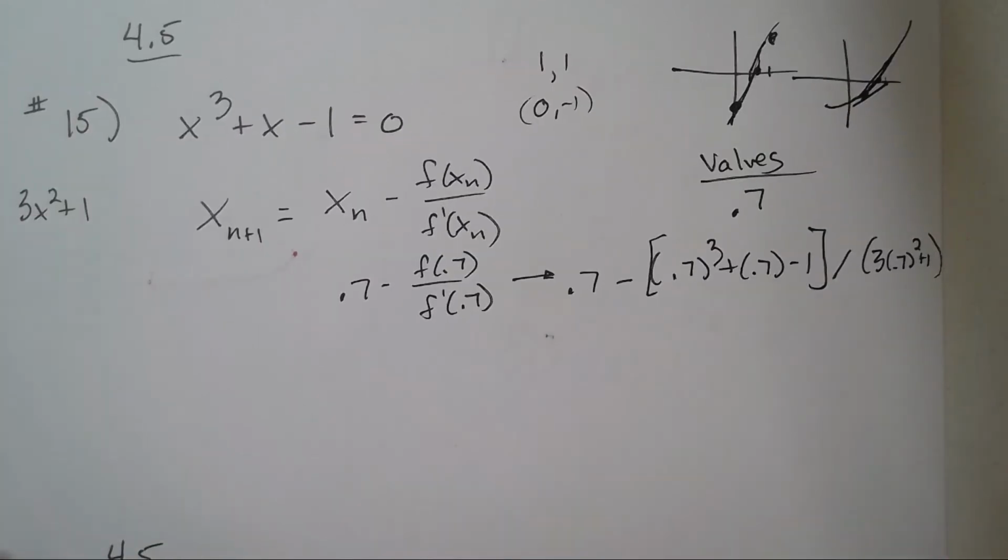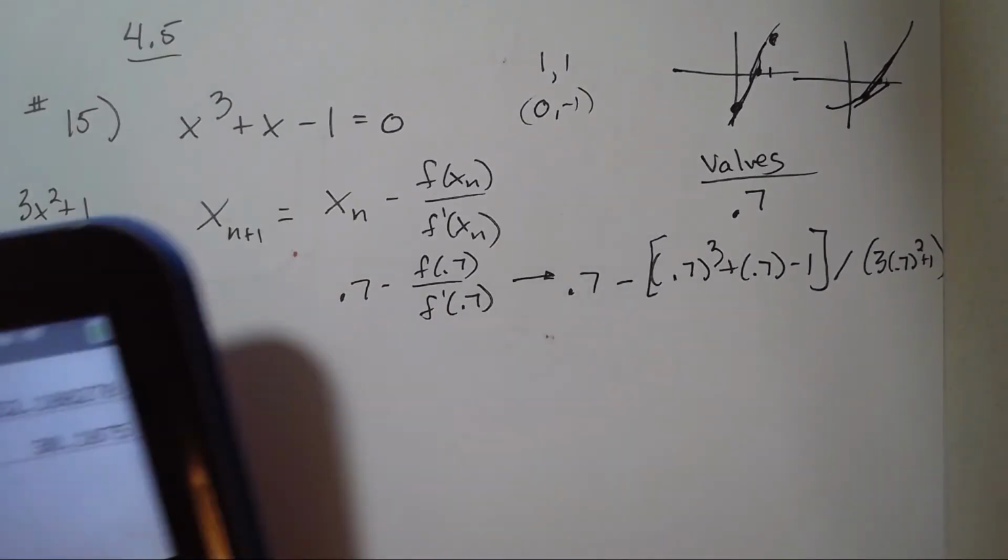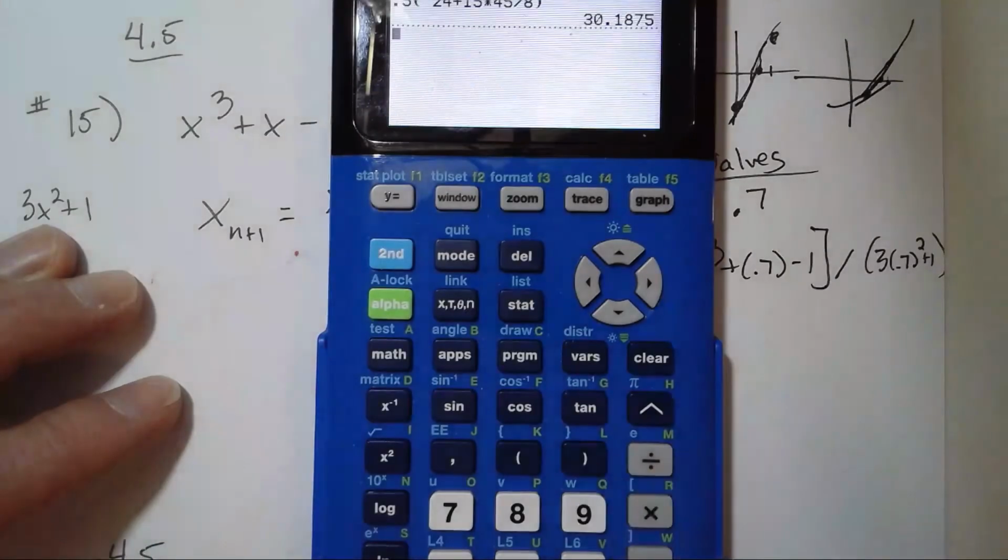Alright, so the shortcut would be to use your calculator. We don't have to type that in every single time. Let's store 0.7 in.